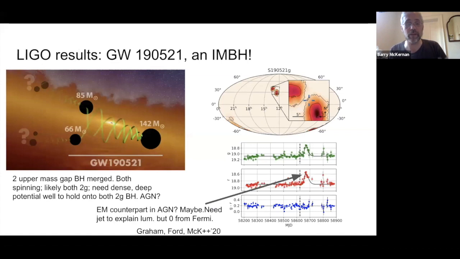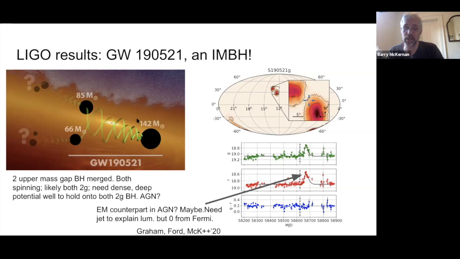So first off, GW190521, it's the first detection of an intermediate mass black hole formation event. This event consists of an 85 solar mass and a 66 solar mass black hole merging to form something about 150 solar masses.